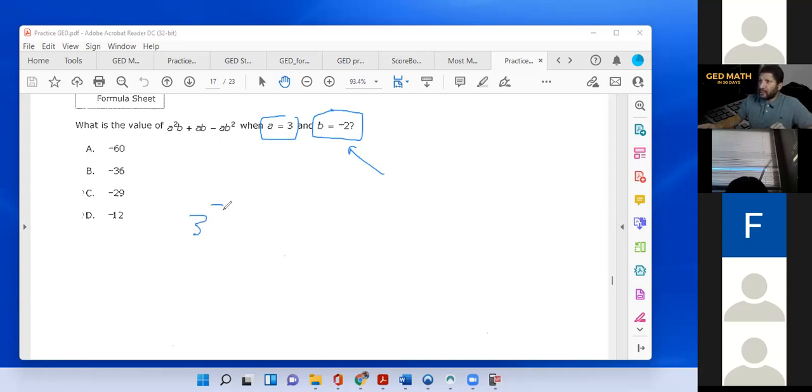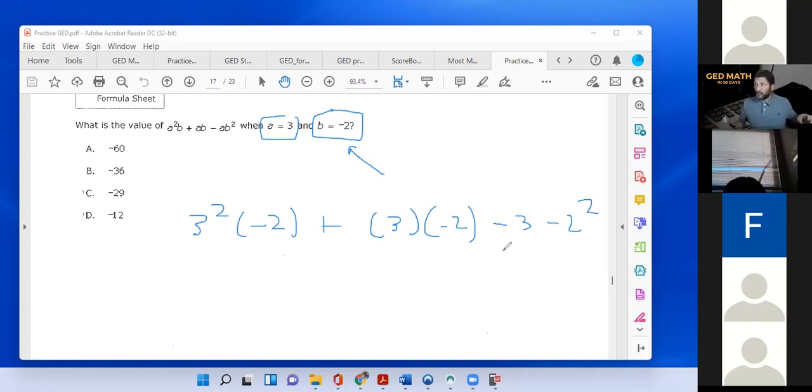So 3 squared times minus 2 plus A, which is 3, times minus 2, minus 3 times minus 2 squared. This is what most people do. So we got 9 times minus 2, plus 3 times minus 2 is a minus 6, minus 3 times negative 4.